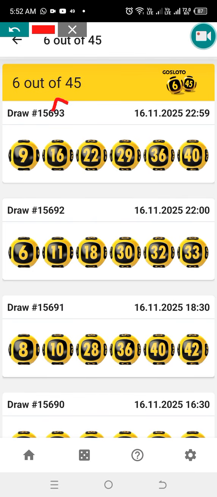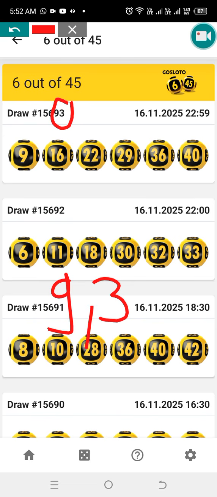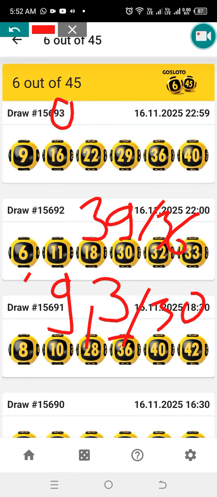Then our last draw yesterday was having 93. 93 is 3 and 9, 39 or 36. Remember to spin. We have a 30 here, we have a 6, right? That is the 93. Yeah.